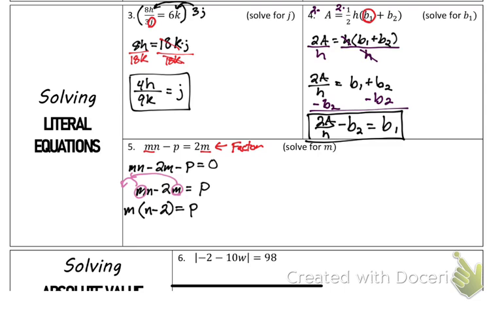As long as it's all in one parenthesis, I can divide by the stuff I don't want. So I'm going to divide by n minus 2 on both sides. That's going to end up with m equals p divided by n minus 2.